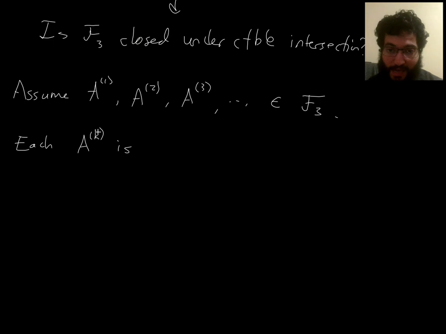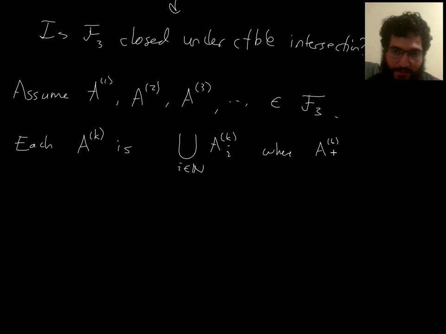So each A_k, for all natural numbers k, is going to be the union of the A_{k,i}, where i is running over the natural numbers. So this is a sequence in F3, and each one is the union of a sequence of things in F2, where these A_{k,i} are in F2 for all i in N.